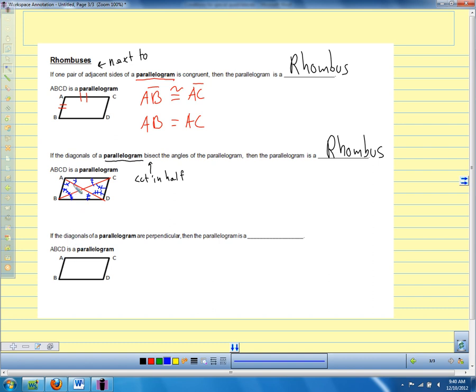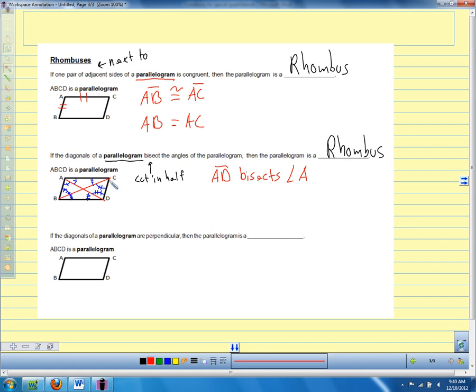So each set of angles in the parallelogram is cut in half. If we were to write that in symbols, we could say that segment AD bisects angle A. We could say the same thing for the other diagonal.